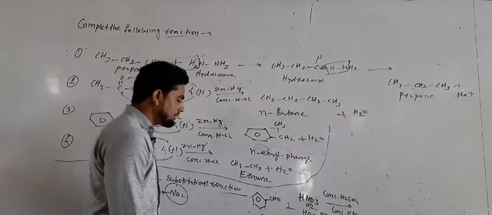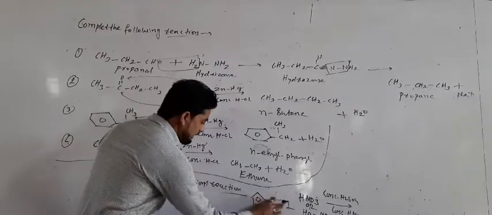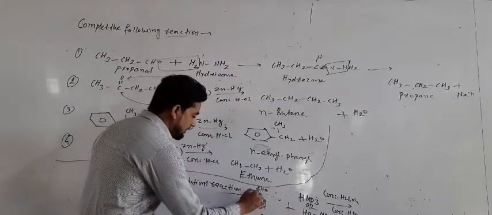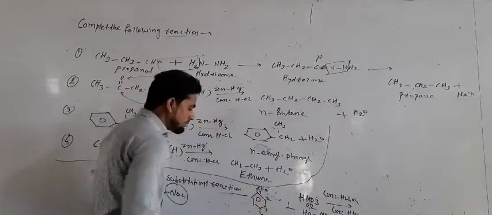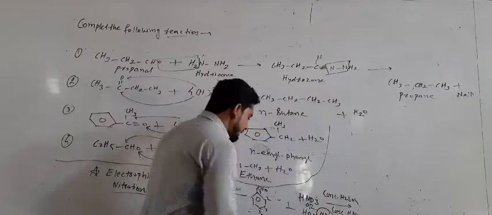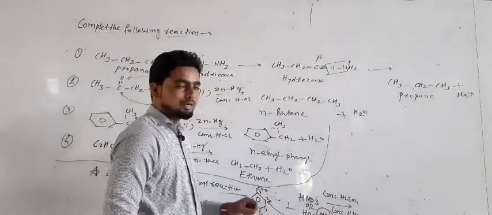Now what we get in this reaction? The CHO is as it is here. So it is carbon number first, second, third, fourth. The incoming nitro group is attached to carbon number 2. Carbon number 2 is called which position here? Meta position.